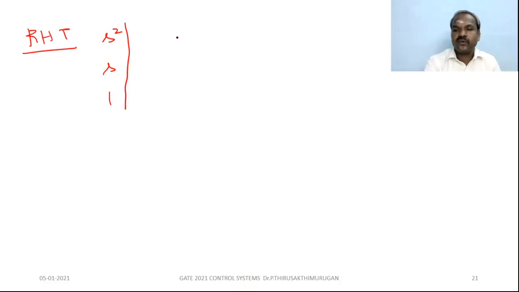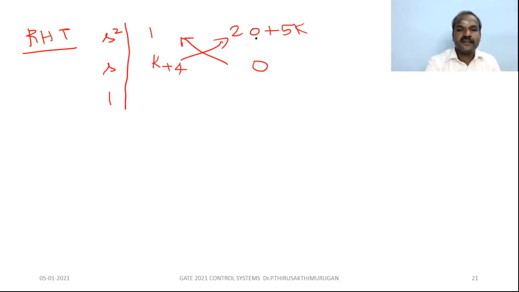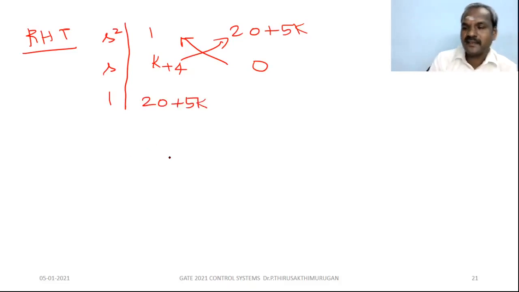Okay, 1, 20 plus 5k, then k plus 4, 0. Here k plus 4 into this minus 0, so this will be 0, divided by this. The 20 plus 5k will come here. So what is k max? K max is minus 4.